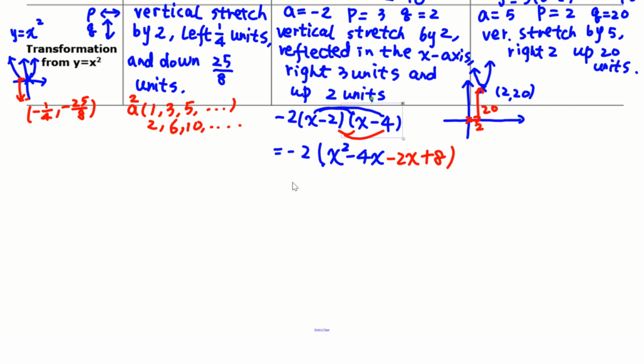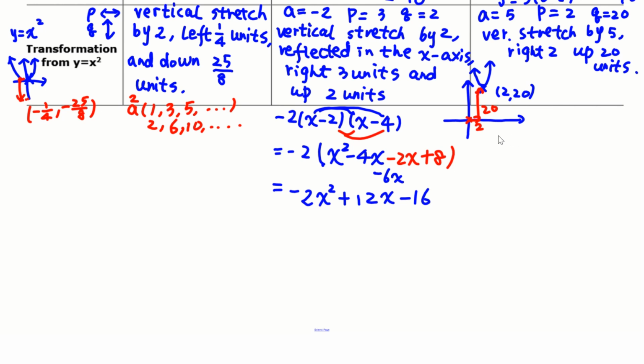Then collect the like terms and expand. So this one is -6x, and -2 times each term, you have -2x squared. -2 times -6 is positive 12x, then minus 16. This is from factor form to standard form.